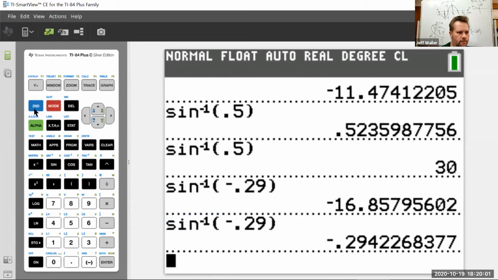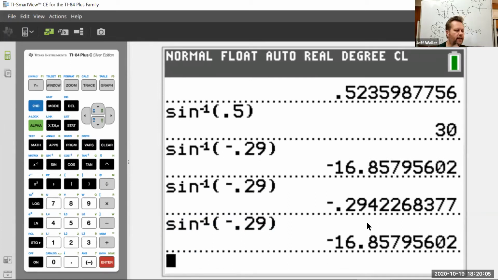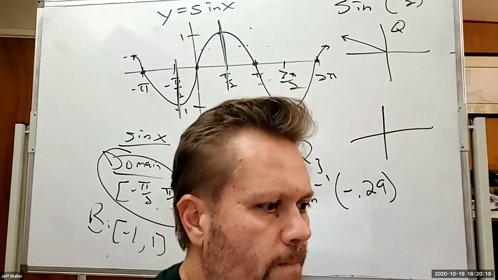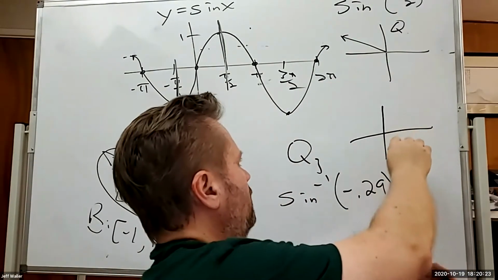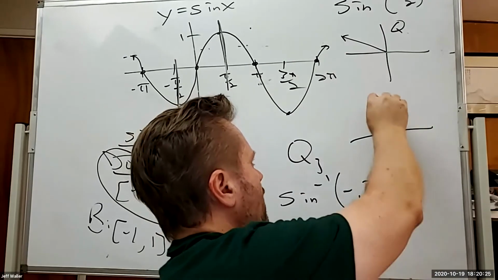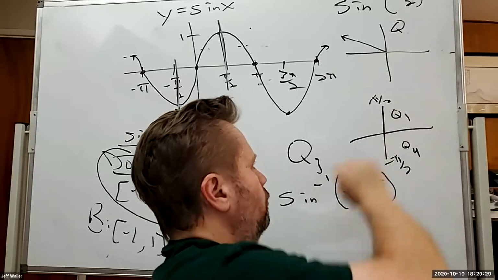All right, so just to bring it back, we got this. That is not in the third quadrant, right? So what's the actual angle then? Notice something about inverse sine: the output is going to be between negative pi over 2 and pi over 2, so the output will always be in quadrant 4 or quadrant 1.